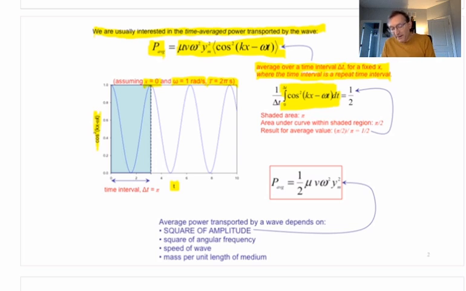So let's just find the area of that green rectangle and divide it by 2. Well, the area of a rectangle is easy. Width times height. The width of that rectangle is pi. The height is 1. So the area is pi. And half that is pi over 2. So the area under the curve within the shaded region is pi over 2.